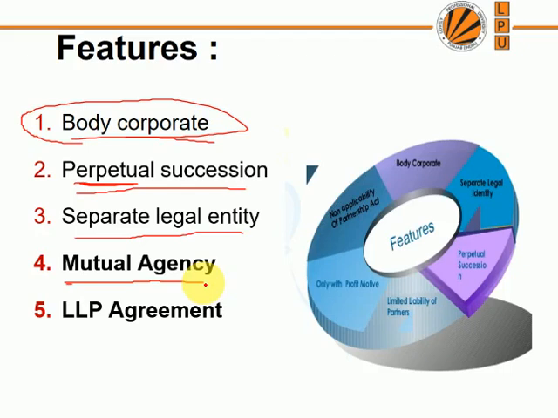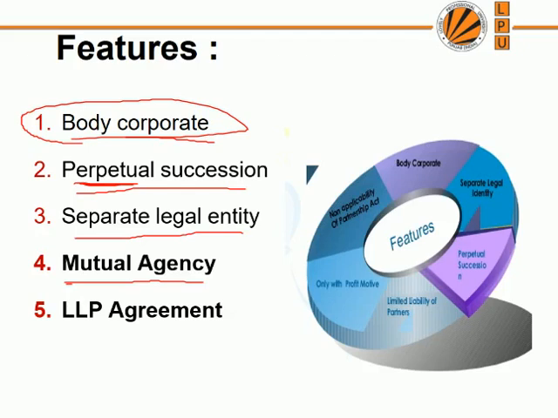Further, no partner is liable on account of the independent or unauthorized action of other partners, right? One partner is responsible for its own actions and things. Thus, you can say individual partners are shielded from joint liability created by another partner's wrongful business decision or any misconduct done by a particular person.